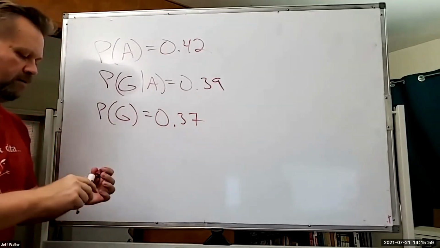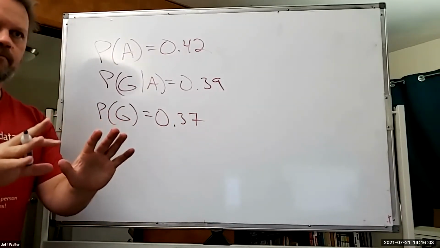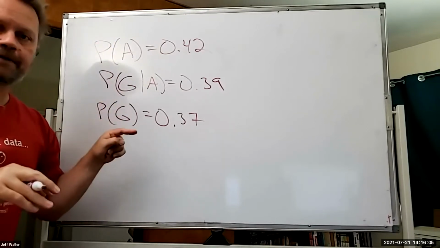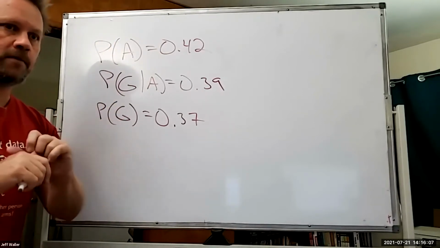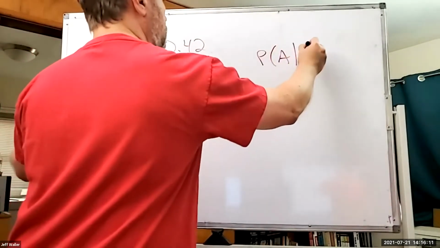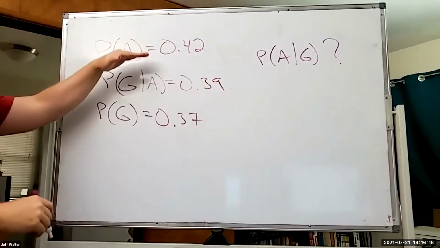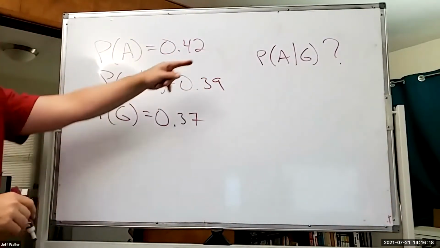I'm probably making a problem that's not even going to work. So that's like the first 3 parts of that problem on the midterm. And then I ask you, can you figure out what the probability of A given G is? So you know these 3 things, and I want to know what that is.